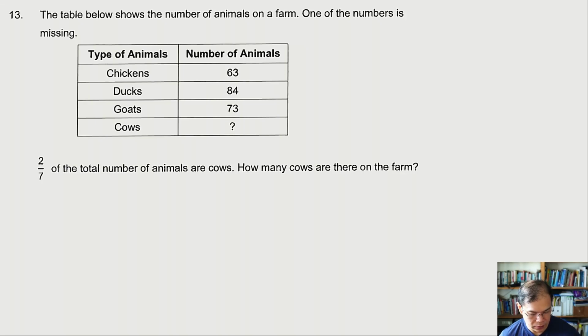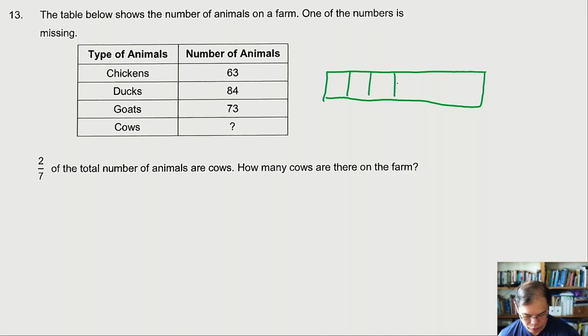Now, if you think about it in terms of units, 2 units out of a total of 7 units are cows. So 1, 2, 3, 4, 5, 6, 7. 7 units. 2 of the units are cows. So these must be not cows, right?